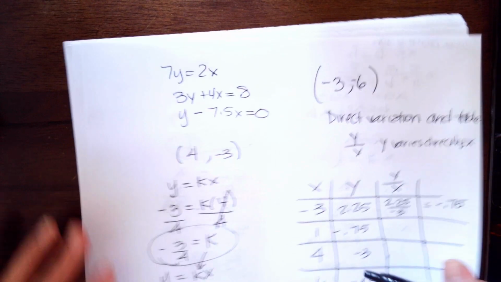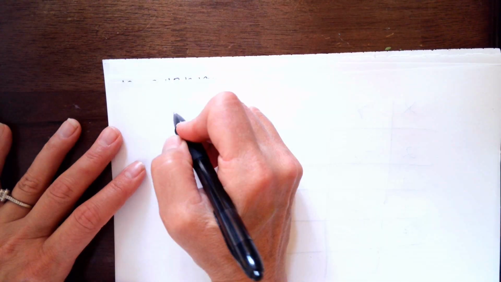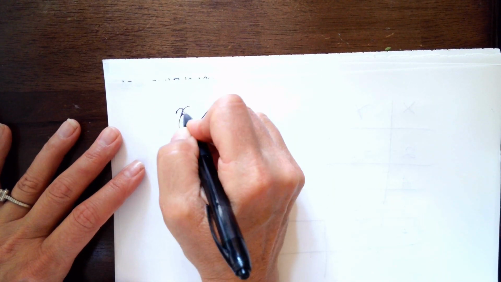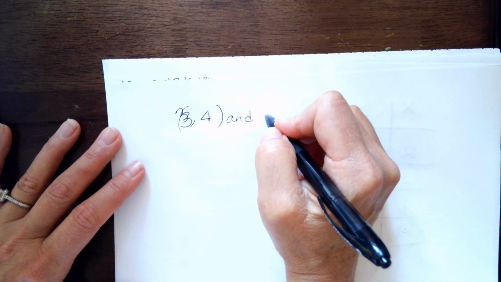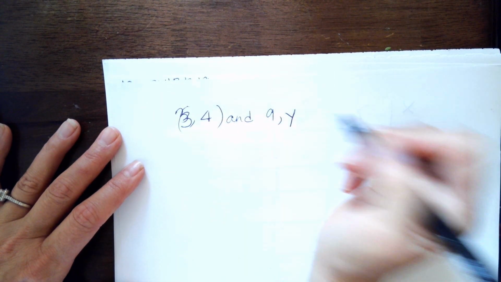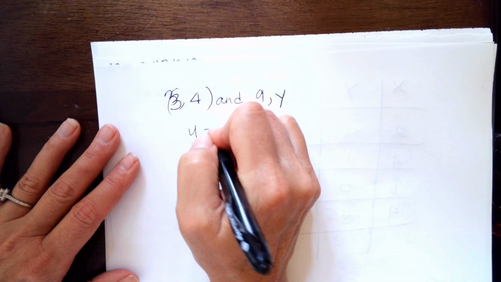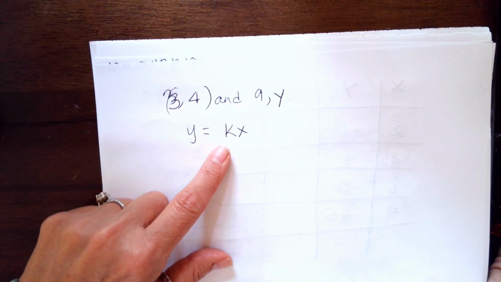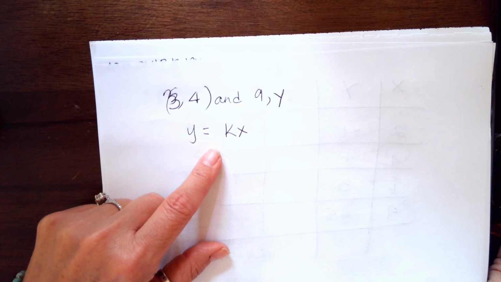Okay, now this last part is: the ordered pairs in each exercise are in the same direct variation. Find the missing values. So you're going to have 3 and 4, and 9 and y. So you're going to rewrite your problem like this, and you're going to solve to find y.